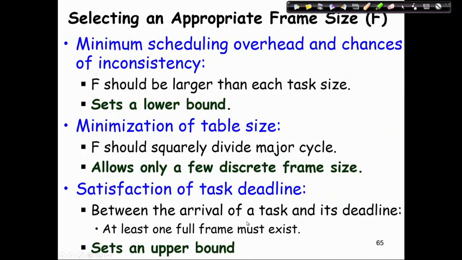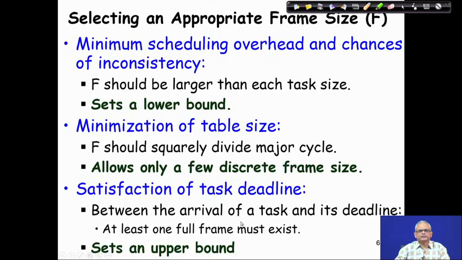To see why it is so, we need to consider that if a task arrives just after a frame has started, then the task cannot be taken up in that frame, and if its deadline also is within the same frame, then the task execution cannot be started before its deadline.